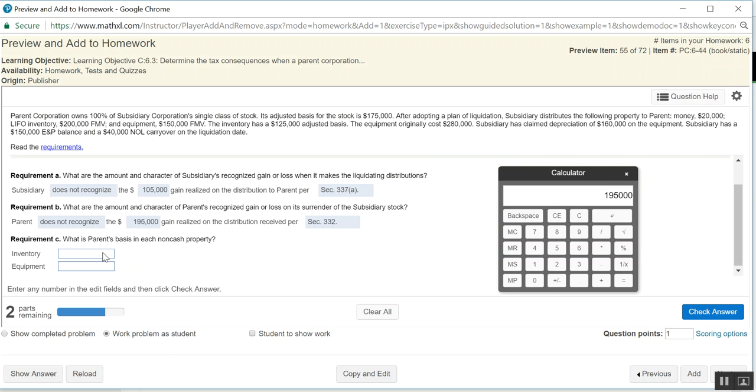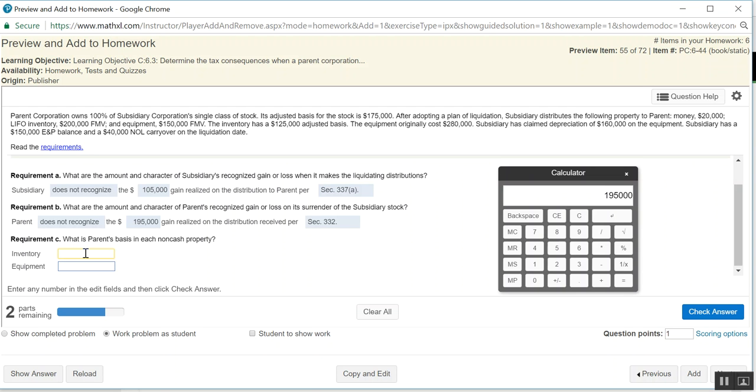Our next requirement is to determine the parent's basis in the property it received. Its basis in the money is 20,000. But the basis in the inventory is going to be a carryover basis under 332.